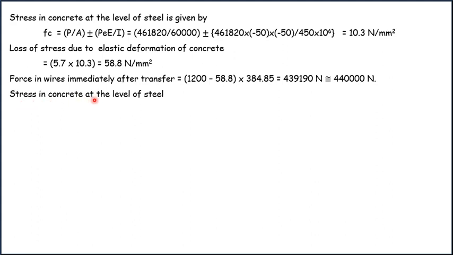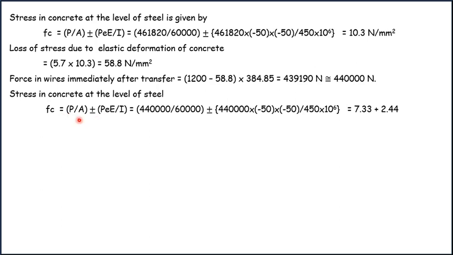Now, stress in concrete at the level of steel. After the elastic deformation, how much will be the stress in the concrete at the level of steel, we have to find out. So only the value of P will change. What we substituted earlier did not have elastic deformation. Now what we are substituting has the elastic deformation, that is, immediately after the transfer of pre-stressing force.